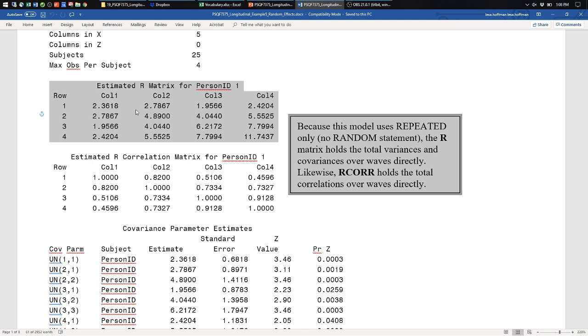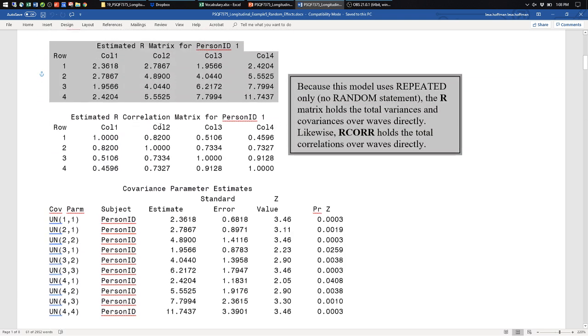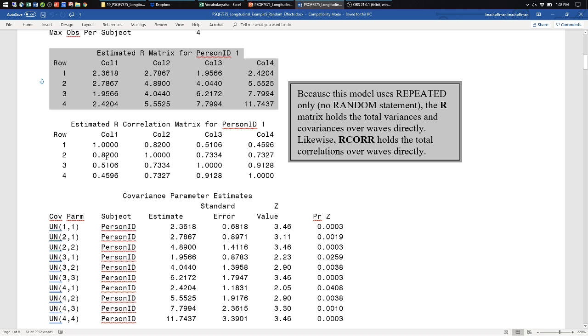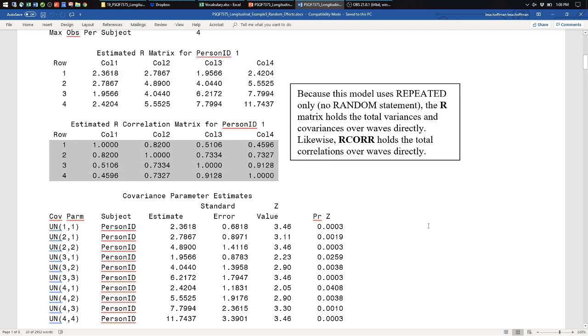Increasing, yeah. People are spreading out. Correlation pattern over time. Constant or some sort of not constant? I'll vote for some sort of not constant.